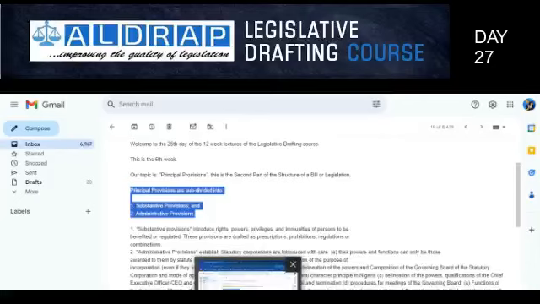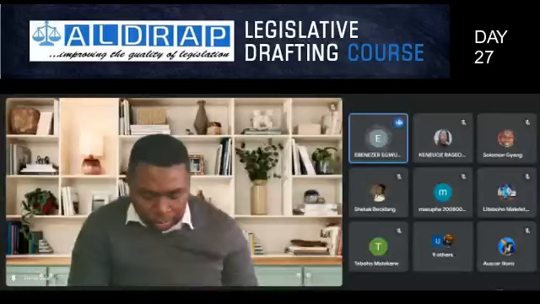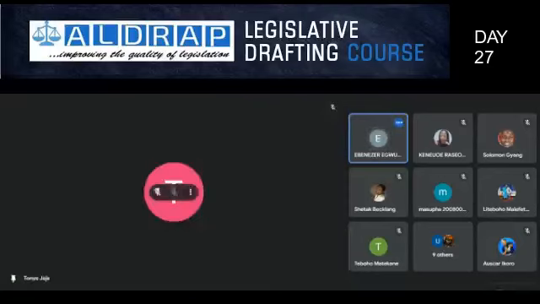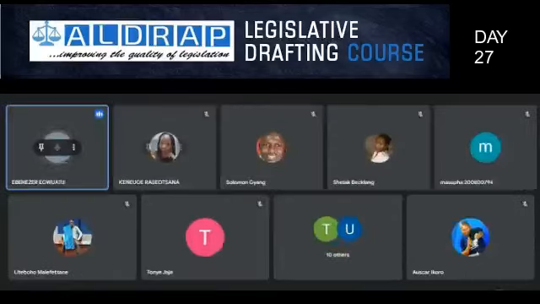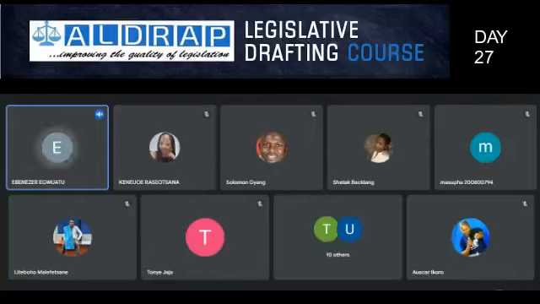What does a substantive provision do? A substantive provision introduces rights. A substantive provision introduces powers. So if you are saying the minister shall have power to appoint, that is a substantive provision.